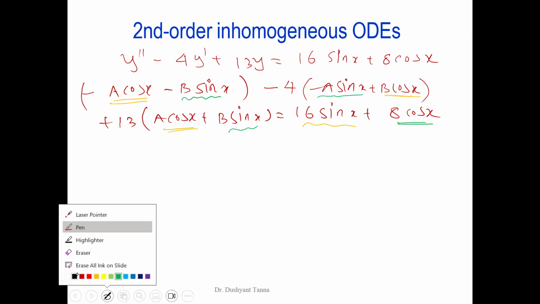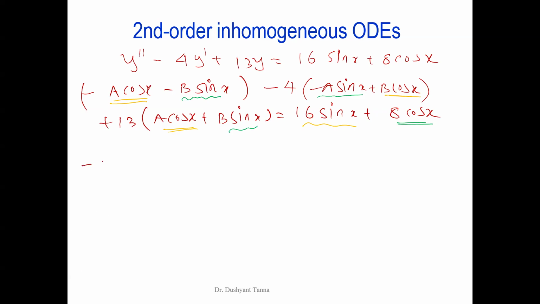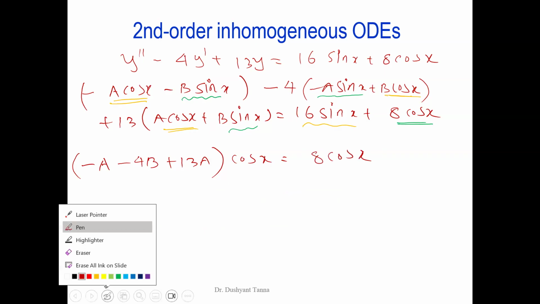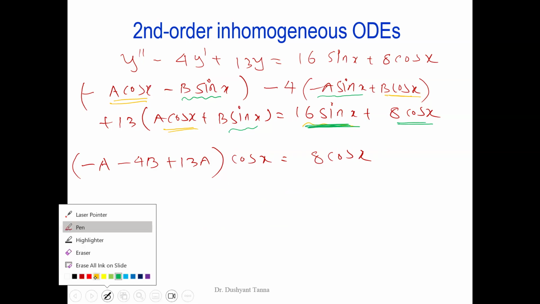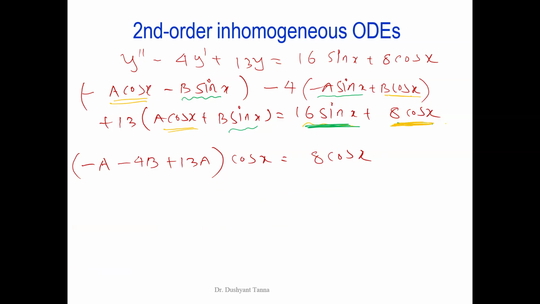Let's combine it. So minus a cos is minus a, minus 4b, plus 13a, cos x is 8 cos x. Sorry, my bad, I swapped this. That is the sine term, and this one is the cos term.